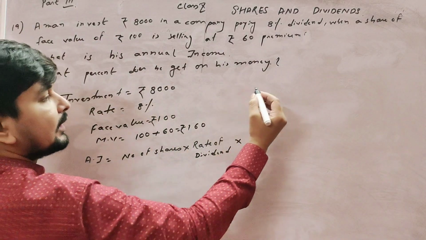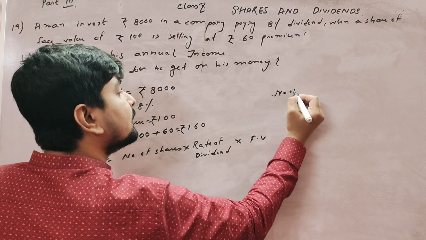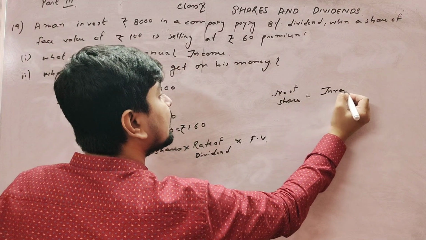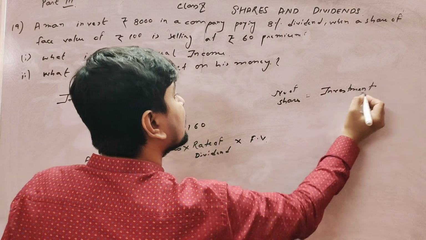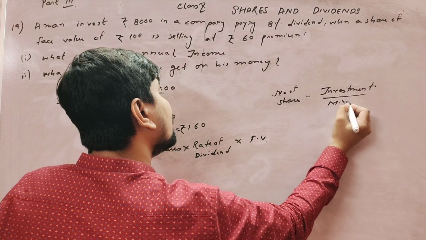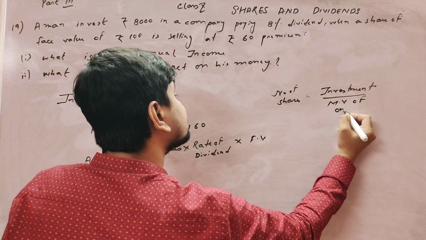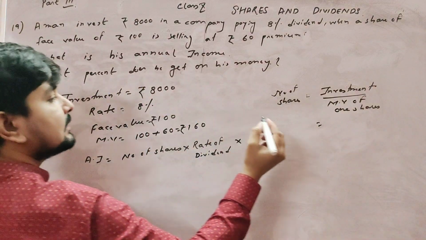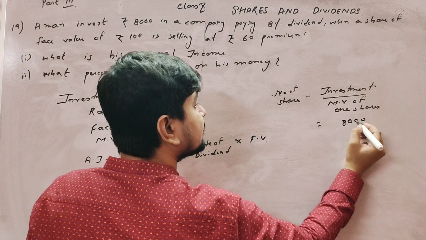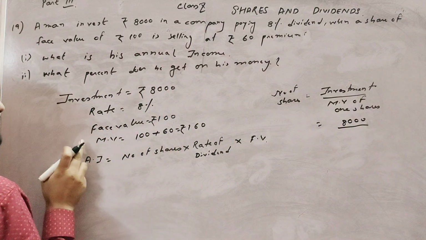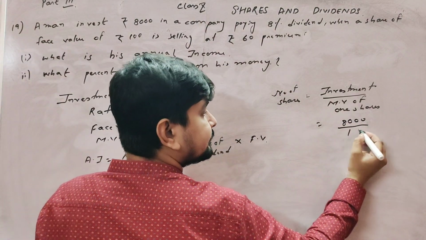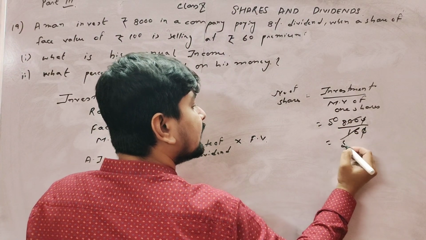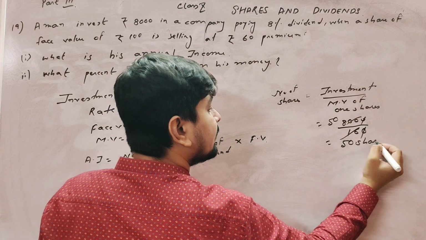Number of shares equals investment by market value of one share. Investment is 8,000 and market value of one share is 160. So number of shares is 50.